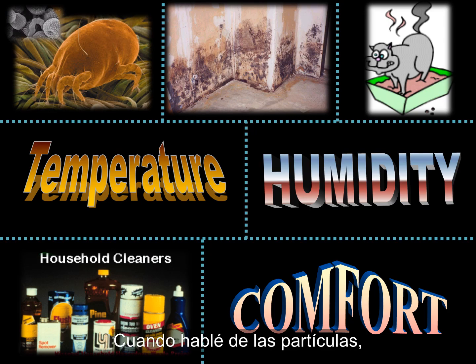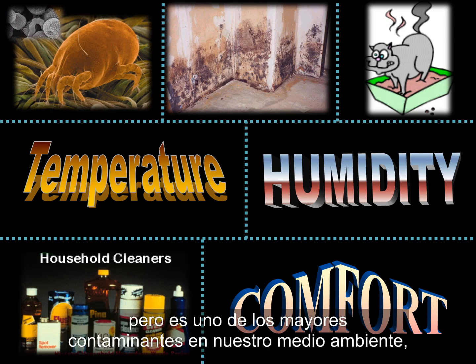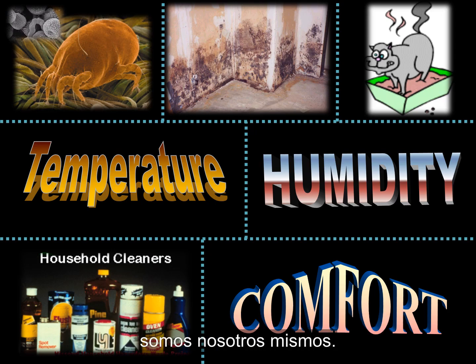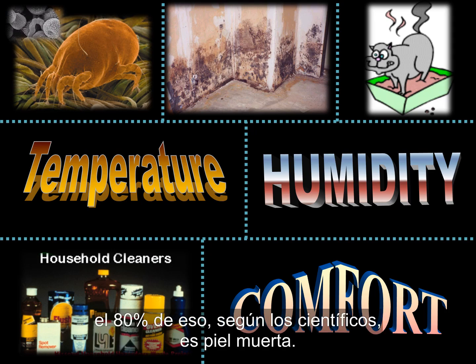When I talked about particulates, one of the things that I didn't really mention but is one of the biggest pollutions in our environment is our cells. We actually put off dead skin cells. And if you look at a shaft of light in the morning and you see all of those things floating around, 80% of that, according to scientists, is dead skin.